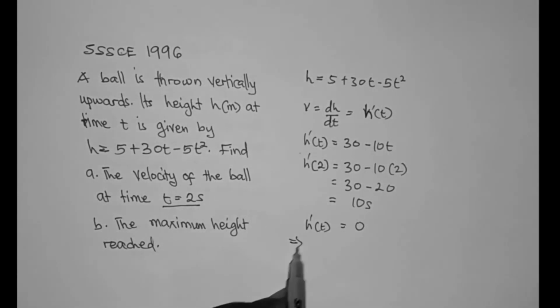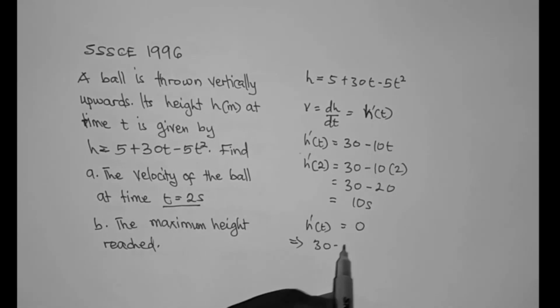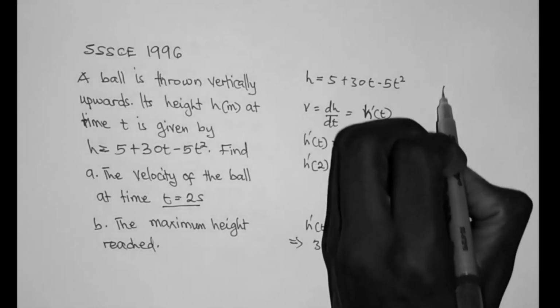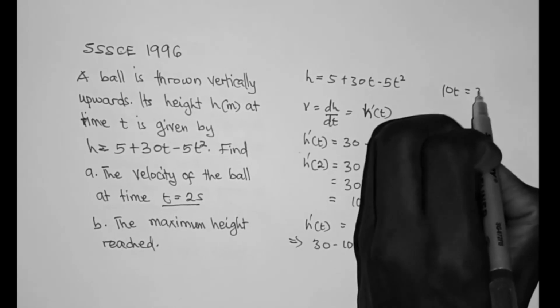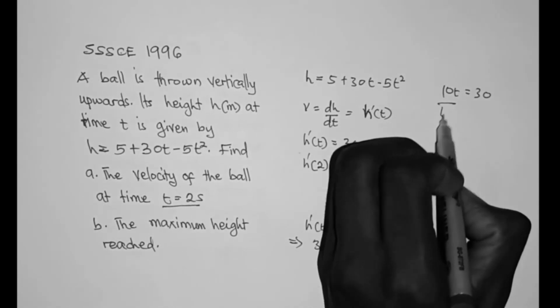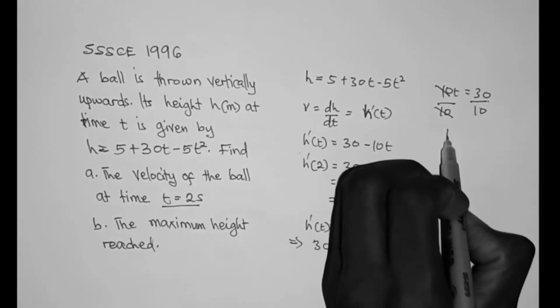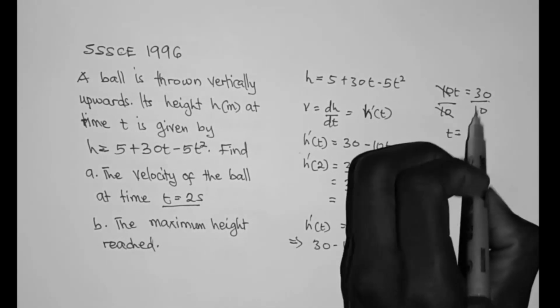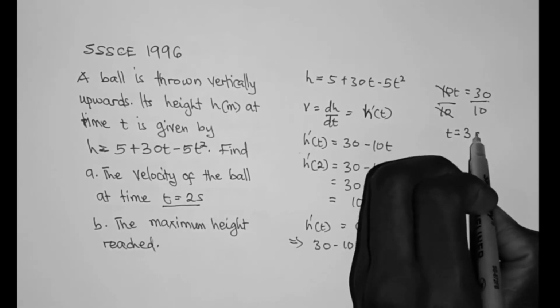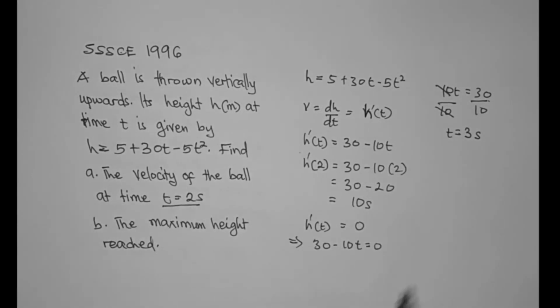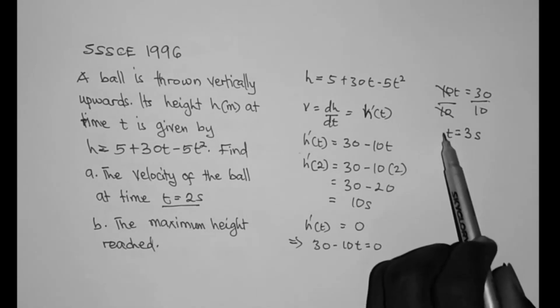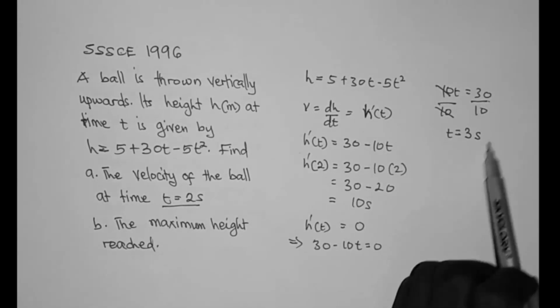So this implies that 30 minus 10t is equal to 0. So 10t is equal to 30. So let's divide through by 10. So t is equal to 30 divided by 10, which is 3 seconds. So at the maximum height, the time is 3 seconds.